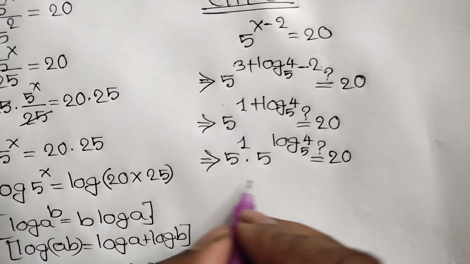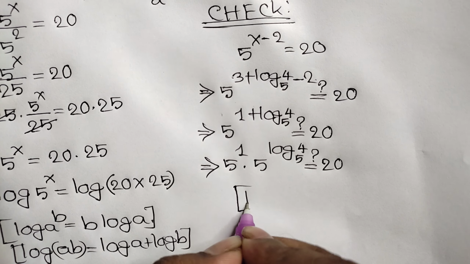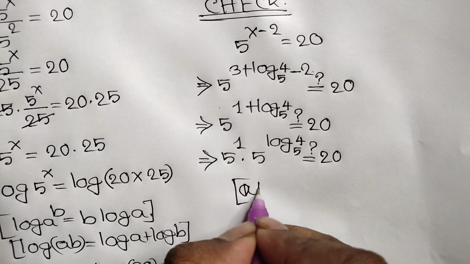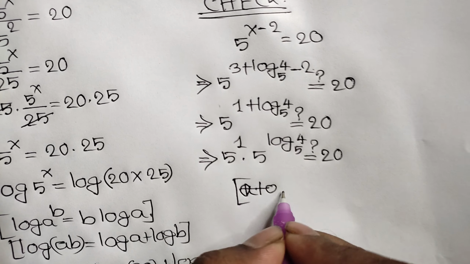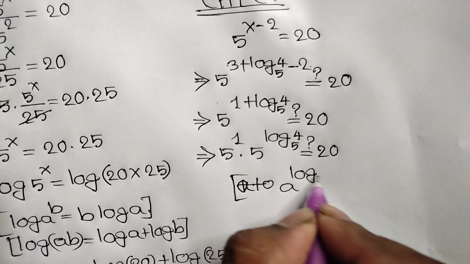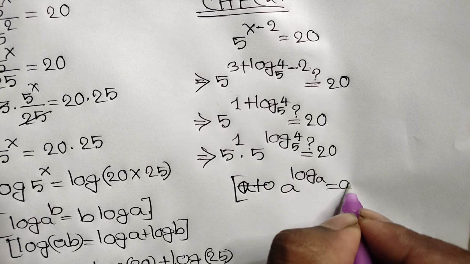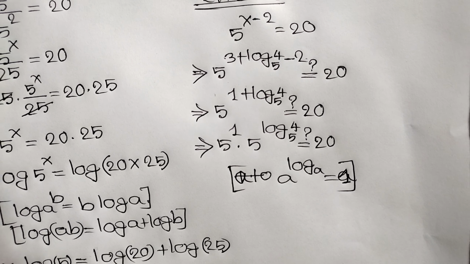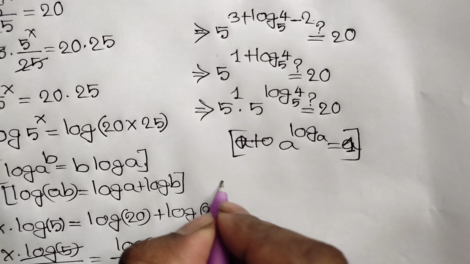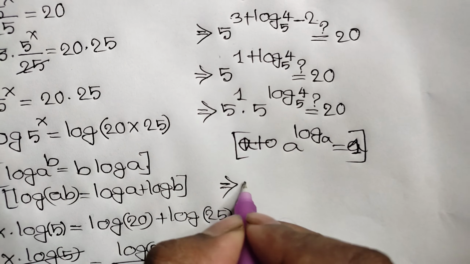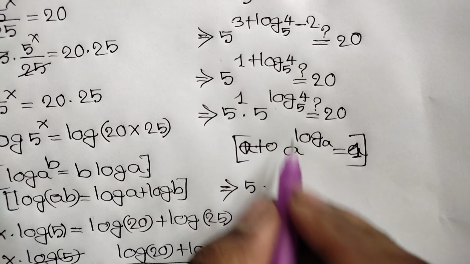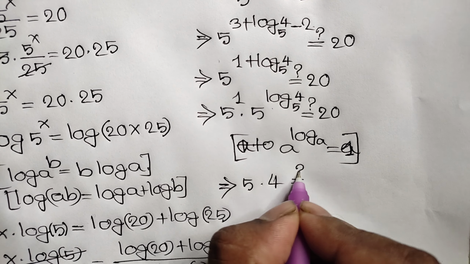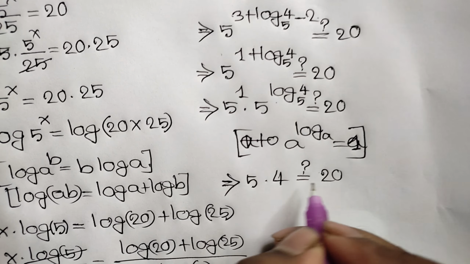We know a logarithm formula: a to the power log of b base a is equal to b. So we can write here 5 to the power 1 is 5, times 4, is it equal to 20?